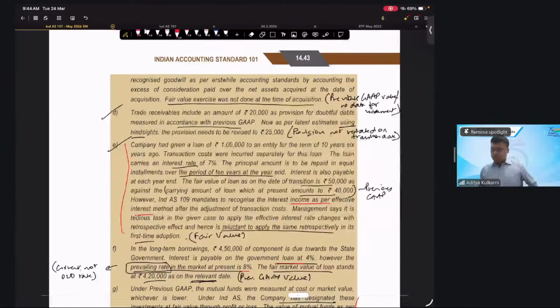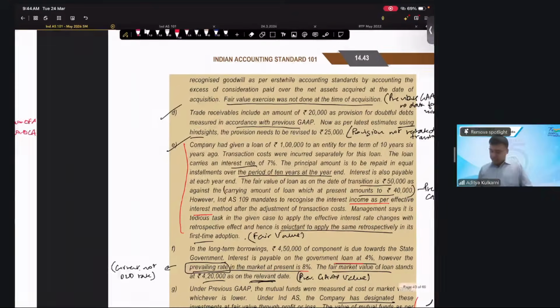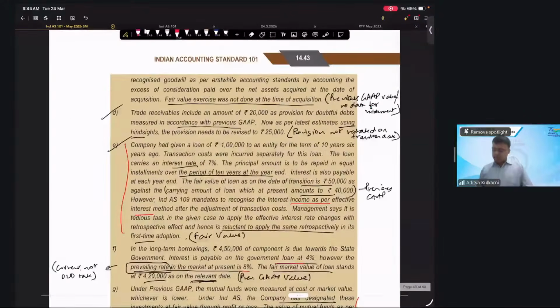Shaurya recognized goodwill as per accounting standards by accounting the excess of consideration paid. Fair value was not done at the time of acquisition. There is no data for any modification, so previous GAAP value will continue for this.